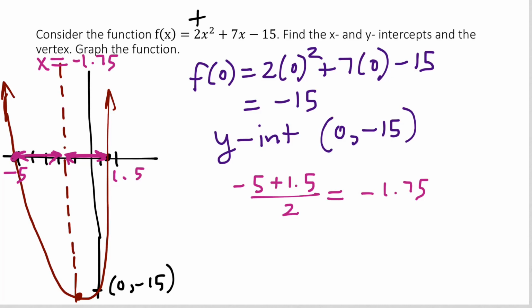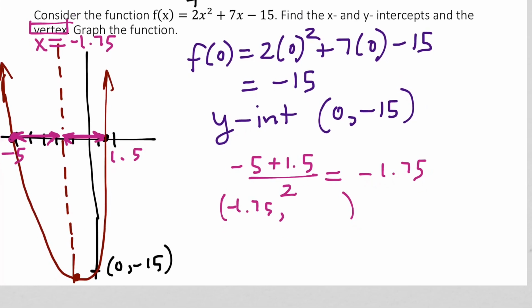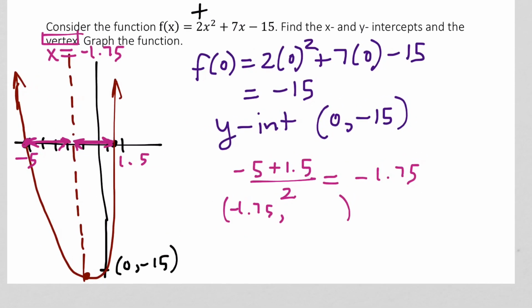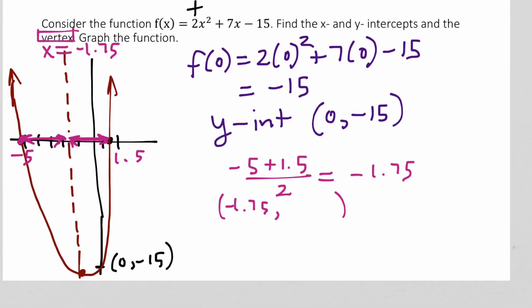Okay? We're also asked to find the vertex here. All right, so from there, if that's the x-coordinate of my vertex, I now can find the y-coordinate of my vertex by plugging negative 1.75 in for x. All right, so let's scoot it up a little.